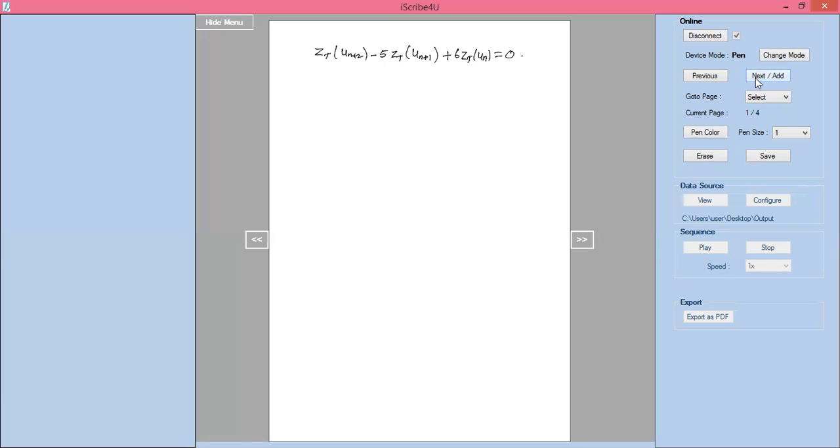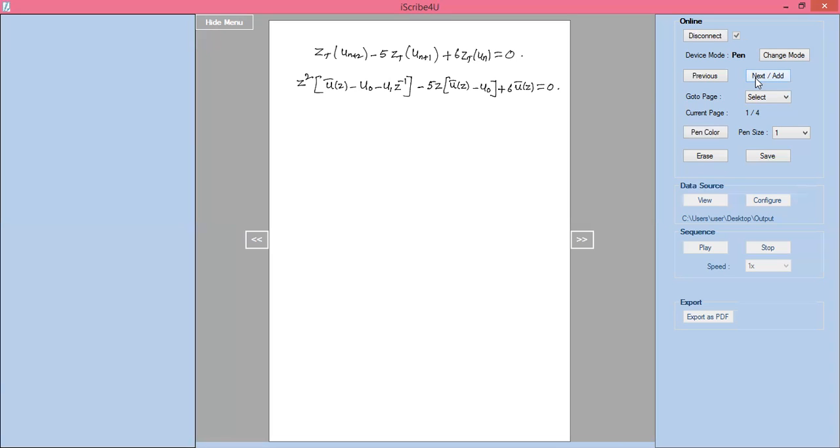It means Z square into u bar of z minus u naught minus u1 into z power minus 1, minus 5 into z u bar of z minus u naught, plus 6 into u bar of z equal to 0.